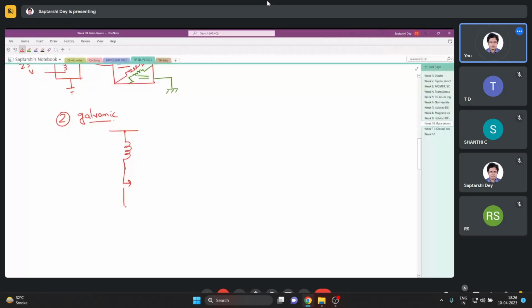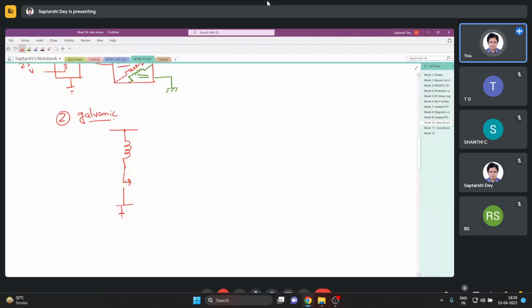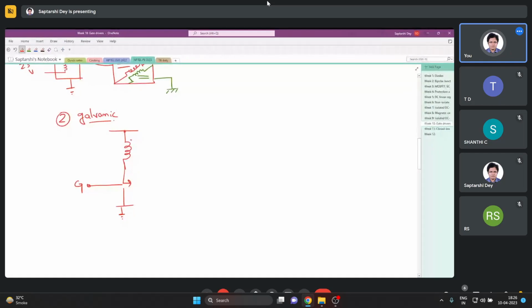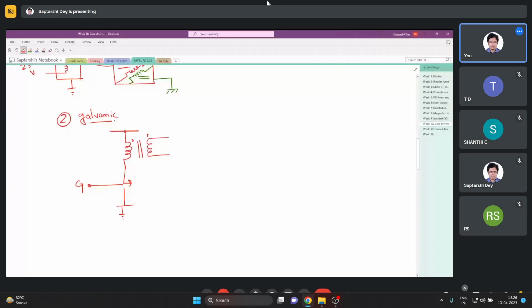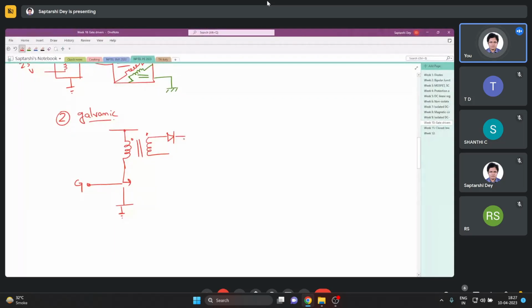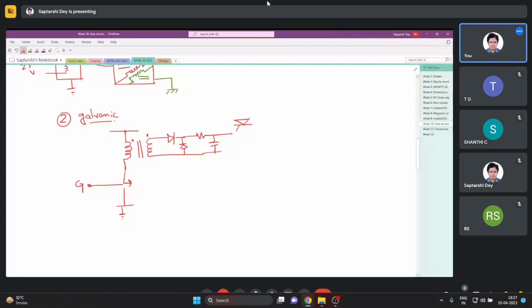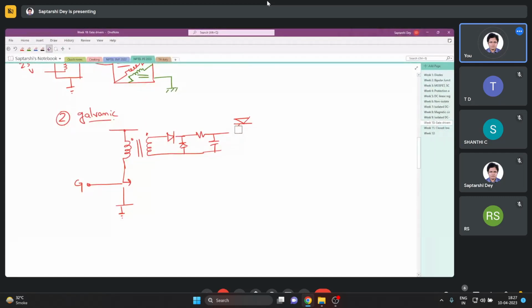I have a switch which is grounded, and the gate pulse comes here, and it goes to the switch, which is mostly used to drive current control devices.